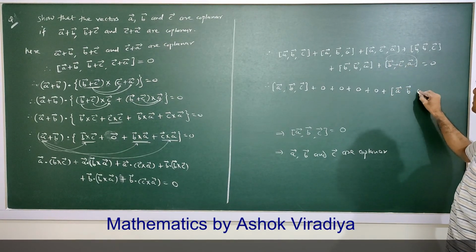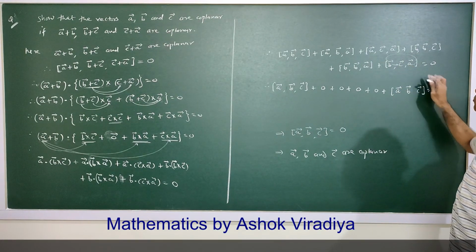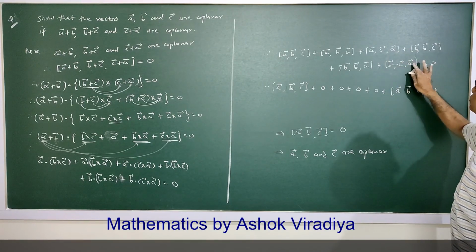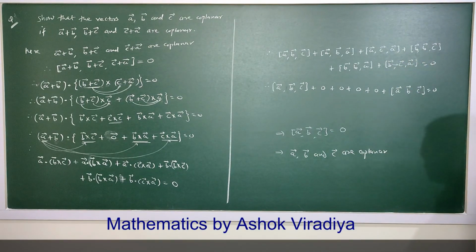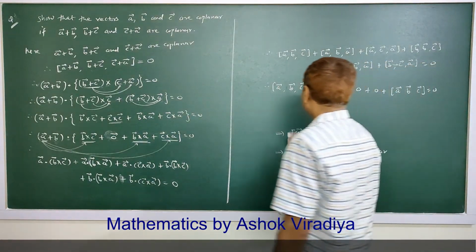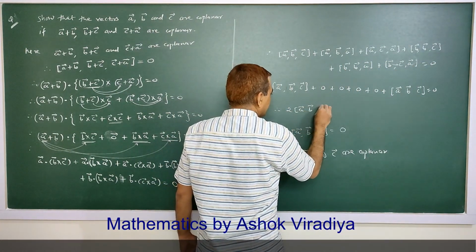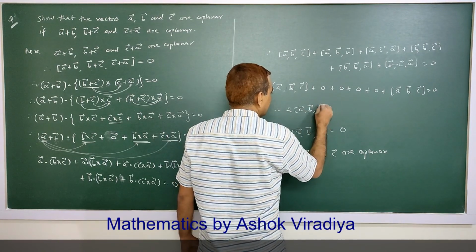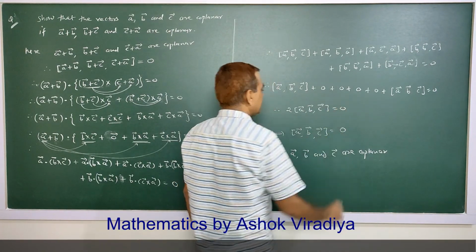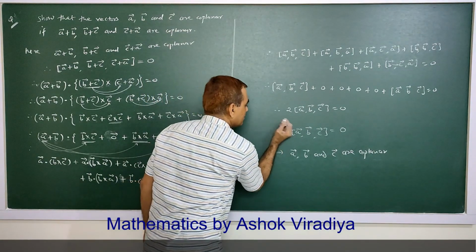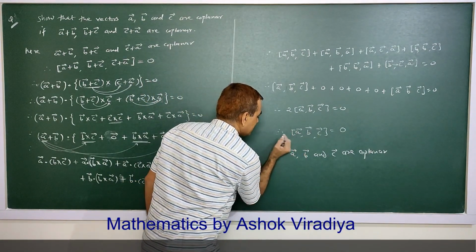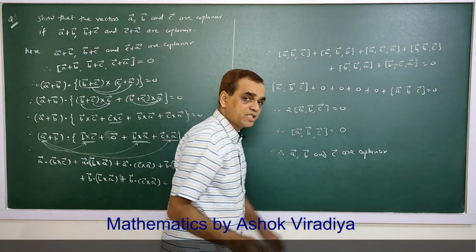C, equal to 0. So we are doing it this way. So that means 2 times box product of vector A, vector B, vector C, these 3 vectors, is 0. Therefore box product is 0, so the required result is proved.